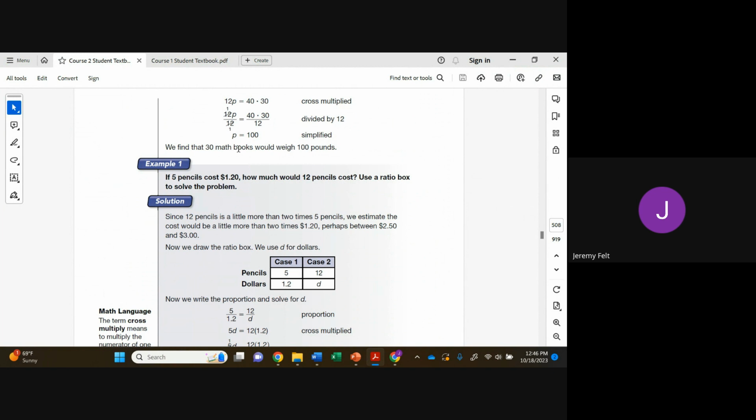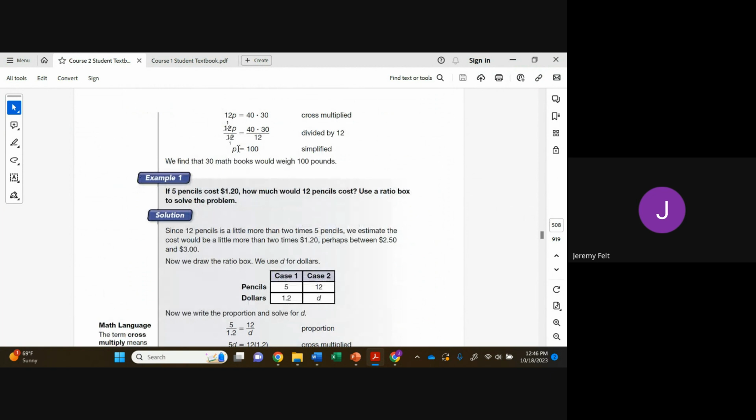If we look at example 1, if 5 pencils cost $1.20, how much would 12 pencils cost you as a ratio box? Another way you can go about solving these, which I don't want to confuse you, is we can find the cost per pencil. We've seen problems in the past about how much these peanuts cost per ounce.